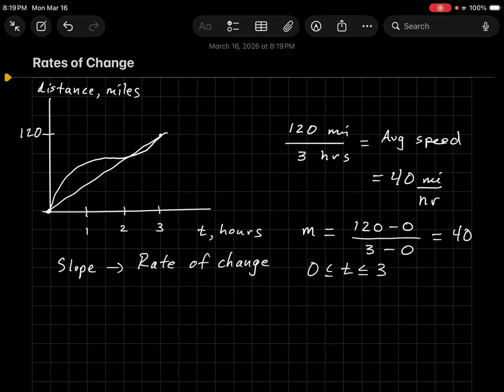For example, if I look back at this graph over here, at what instant in time do you think the person was going the fastest? How about right there? Do you think the person was going the fastest at t equals 2? Probably not.